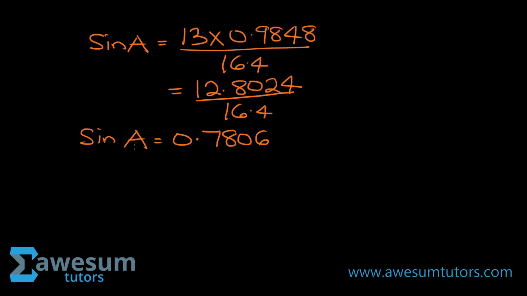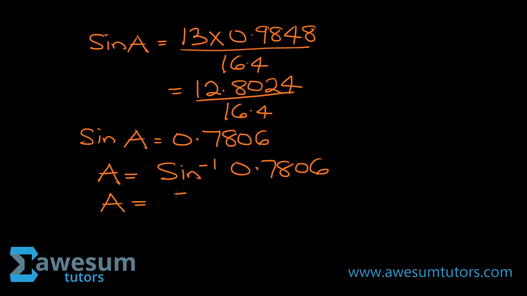Remember, what we are looking for is A. So what do you need to do? You take the arc sine of this number, and that is going to give us 51.31 degrees. Very good, guys.